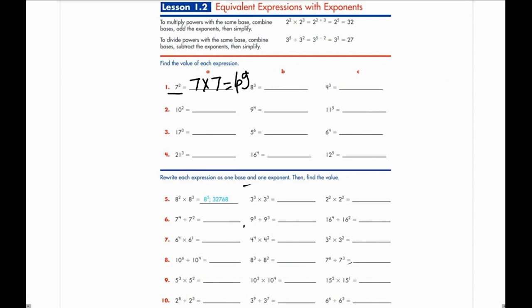Similarly, in case of 4 raised to 3, 4 is multiplied 3 times, with base as 4 and exponent as 3, and the value becomes 64.